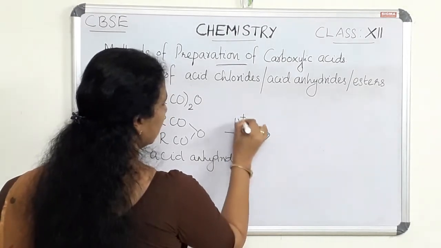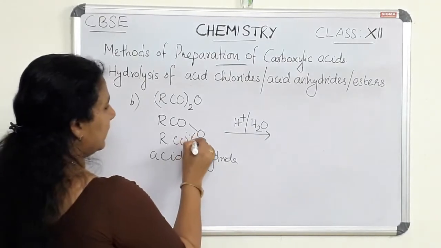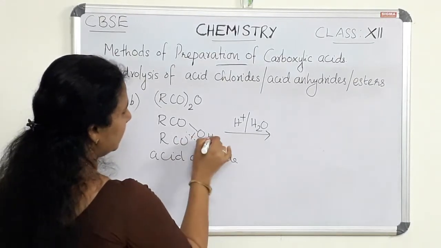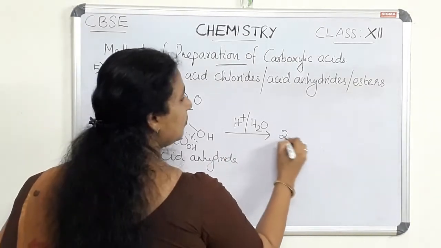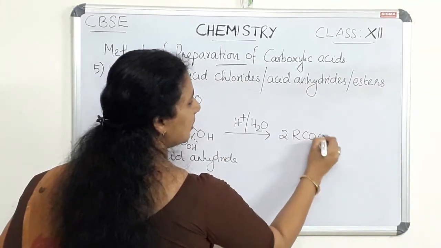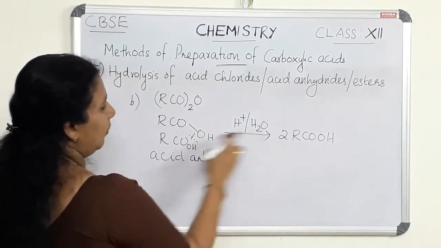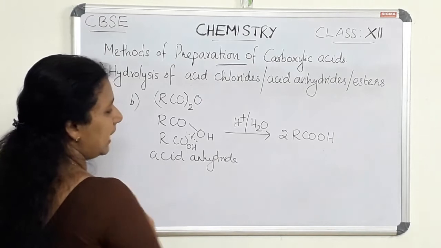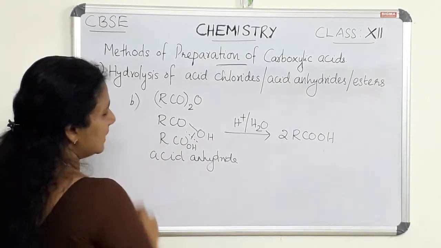This upon hydrolysis, H will be attached here, OH will be attached here. So 2 molecules of RCOOH will be the product. So 2 molecules will be obtained from this acid anhydride. Both alkyl groups are same.